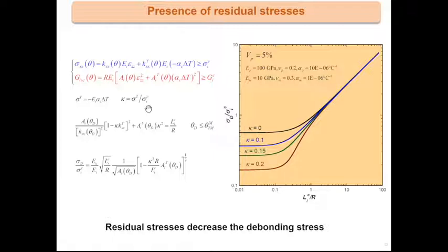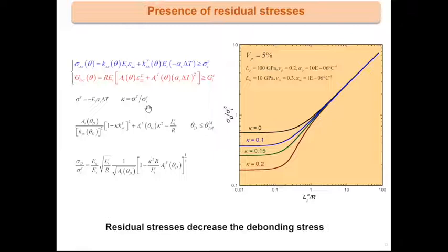This is a little bit more complex because here, in principle, you may have other coupling terms, but we have checked. In fact, it is very small, and you can skip it. And so the debonding stress in the presence of residual stress, you obtain this kind of expression.